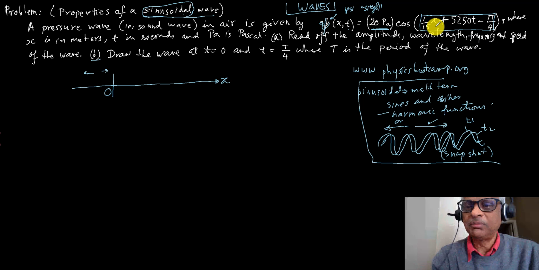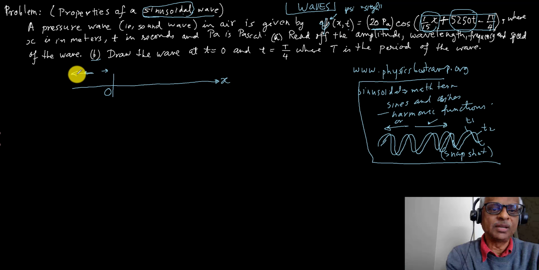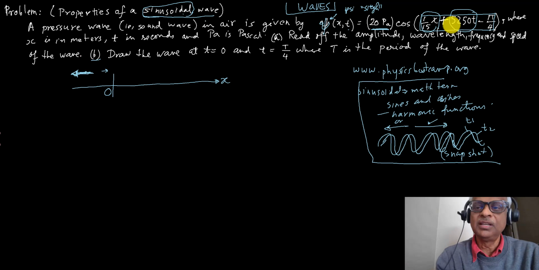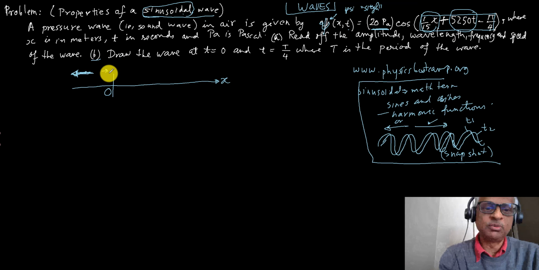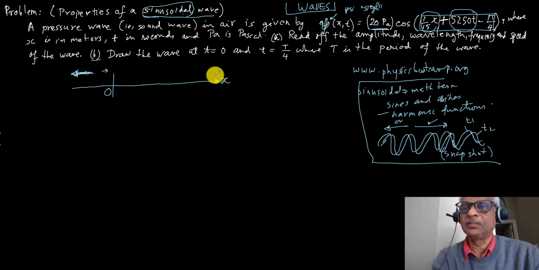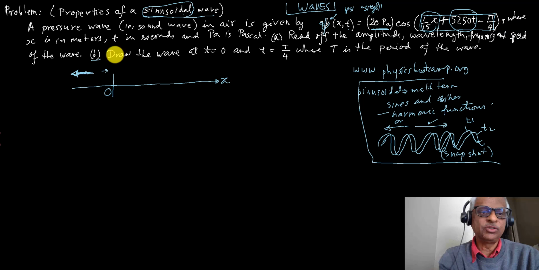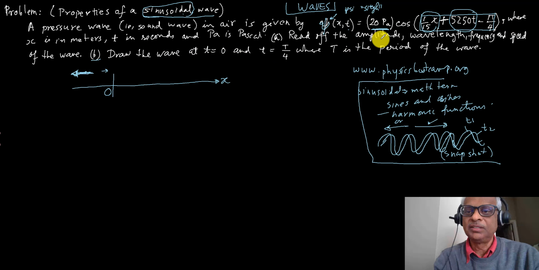It will turn out that if the x term and the t term are both positive, then the wave is going to the left. If they're opposite sign, then it will be going to the right. You will see why that's the case when we solve this problem. And then there are units, etc., given here, so from this I should be able to read off the quantities.